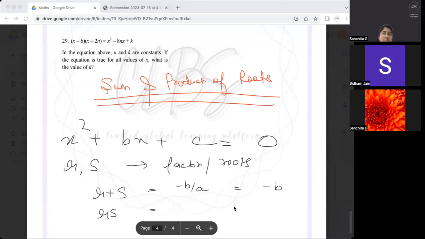And the product of roots is c by a. A is 1, so I can just put c. Clear? I want you to just take up question 29 once. Just one question first.